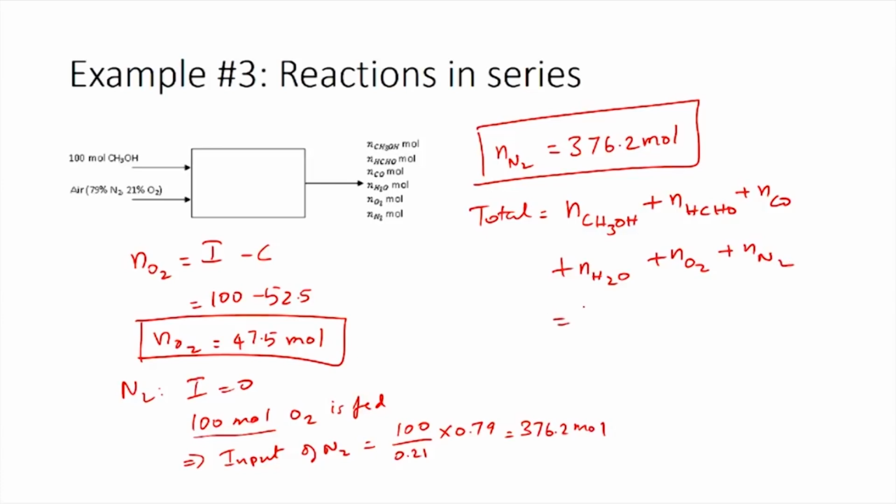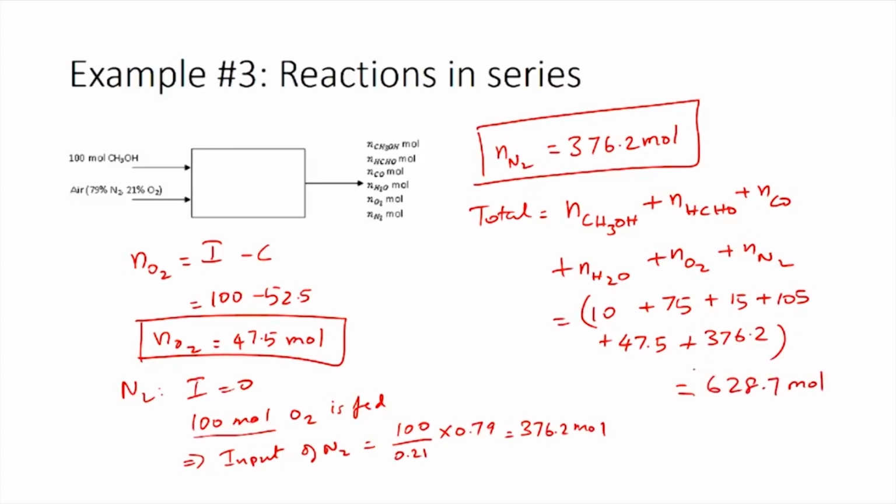So, adding all these values, we have 10 plus 75 plus 15 plus 105 plus 47.5 plus 376.2, giving you a total number of moles as 628.7 moles.